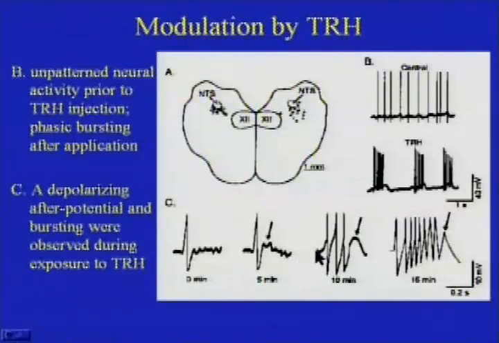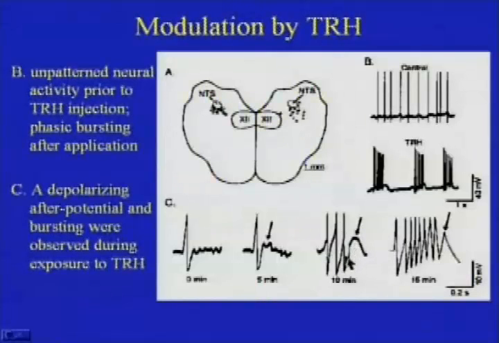So at 10 minutes post-exposure to the TRH, you can see that actually the neuron is taking on an autorhythmicity very similar to the spontaneously active cardiac myocytes that we talked about. And it is due to this spontaneous depolarization that's occurring after the action potential.